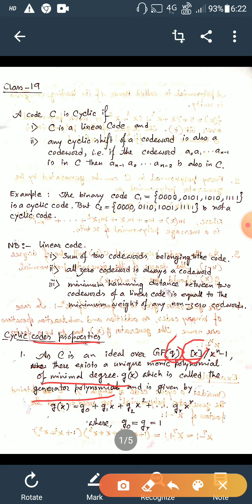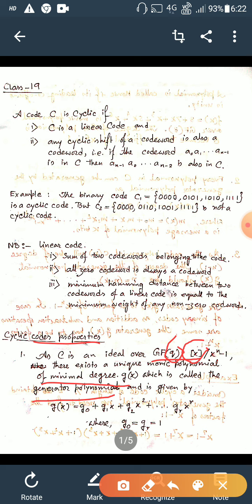Because if we are able to identify the generator polynomial, we can get the code word also, because the generator polynomial is useful for the generator matrix, and if we multiply the generator matrix with the messages, we can identify the individual code word. So this is important for generator matrix identification.